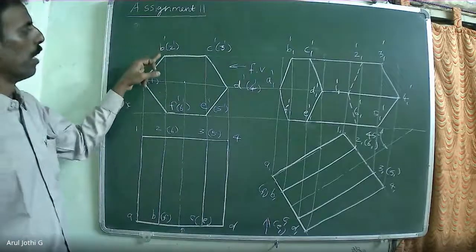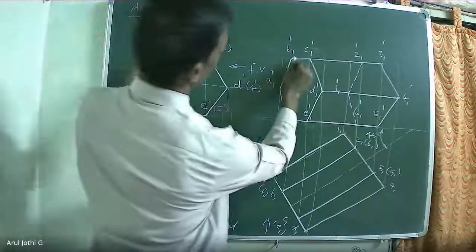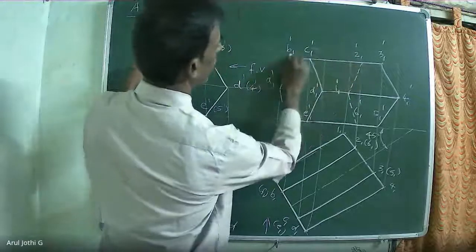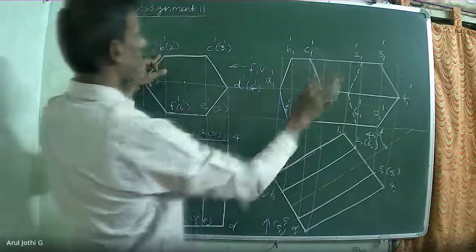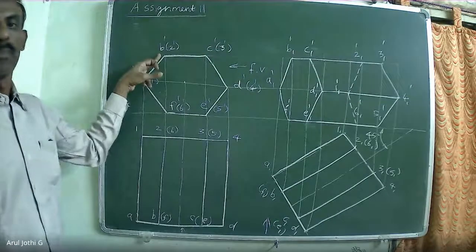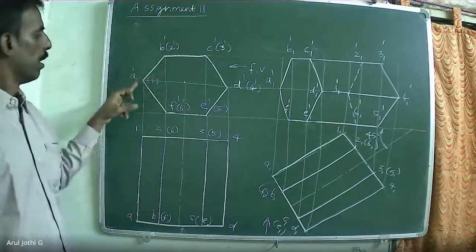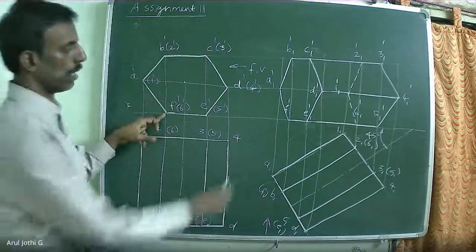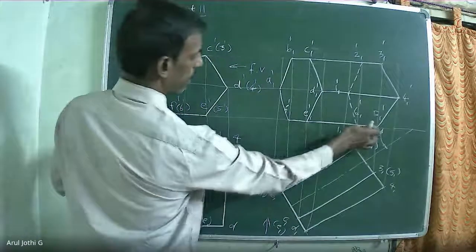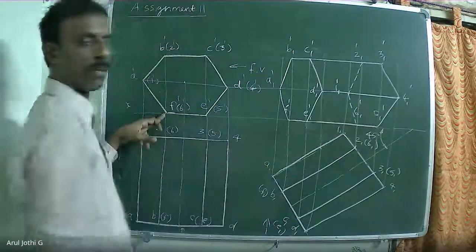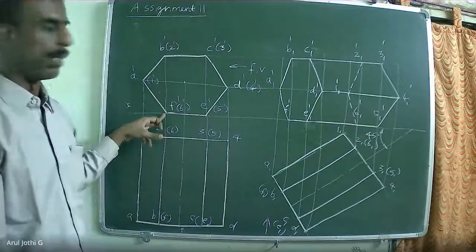Now B2 is not visible. So already a visible line is available there. So you cannot draw the dotted line when visible and invisible edges are coinciding. Similarly, F6, already the visible line we have drawn. So the dotted line you cannot construct.